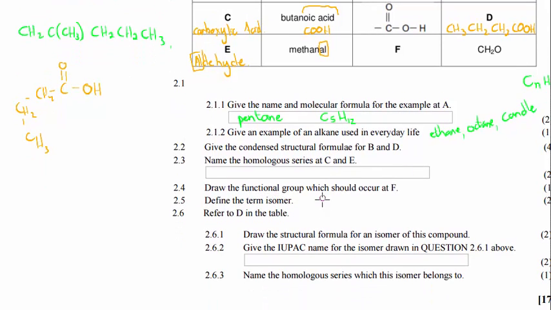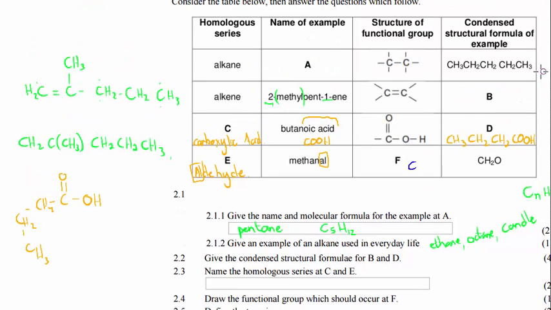Draw the functional group to which F belongs. So that's what we were talking about earlier. The functional group here, we know that it's either a hydrocarbon, which is alkanes, alkenes, and alkynes, or it's a halogen, which means carbon and halogen, haloalkane, or it is an alcohol, which is carbon and hydroxyl, or all of the rest that we have is carbon double bonded to oxygen.